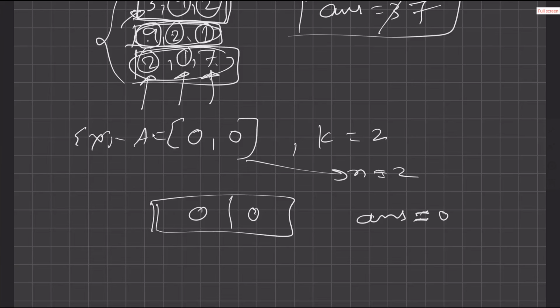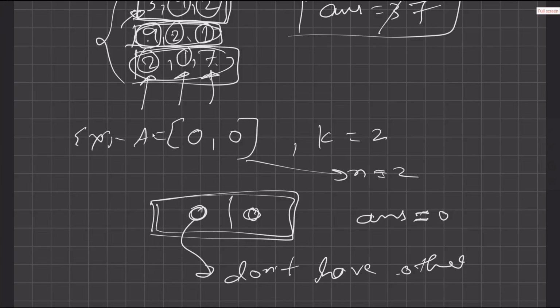Because we have just one subarray, and this 0 is not occurring in any other subarray, because we don't have another subarray. It may happen that the 0 occurs multiple times within the same subarray. That is fine. We can do that. So your answer is 0.